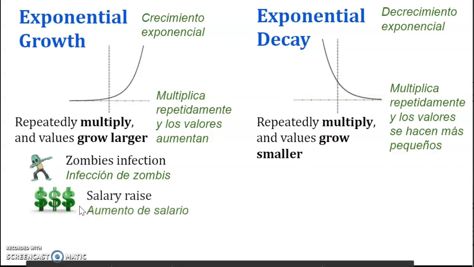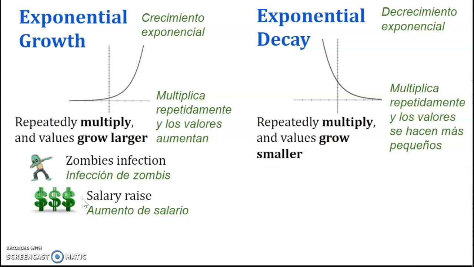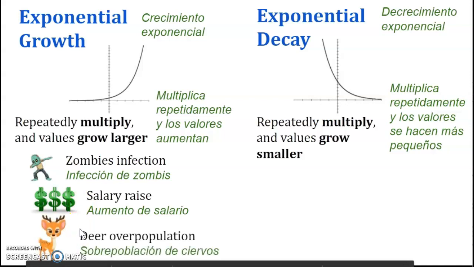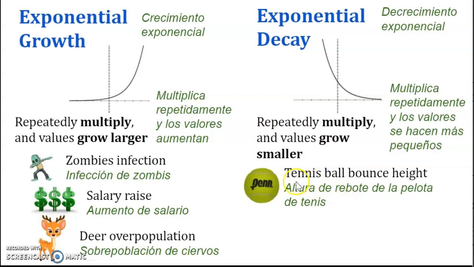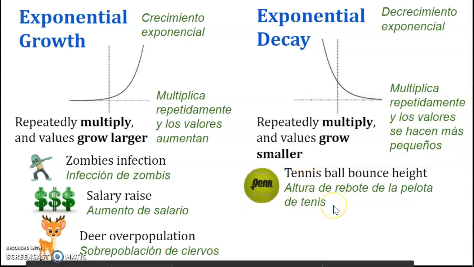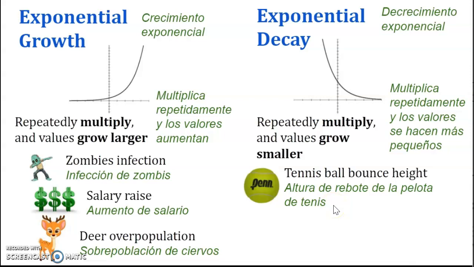Or the salary raise, it was 8%, so we multiply by 1.08. Or the overpopulation example, although we did not cover this very well because we ran out of time. The tennis-ball bounce height, the multiplier in this case was 0.55, or between 0.53 and 0.58.